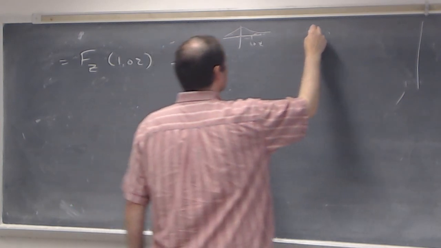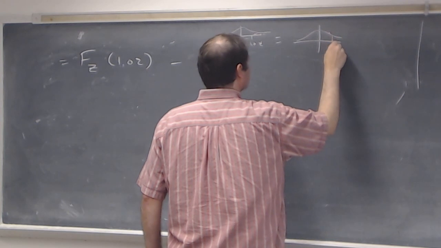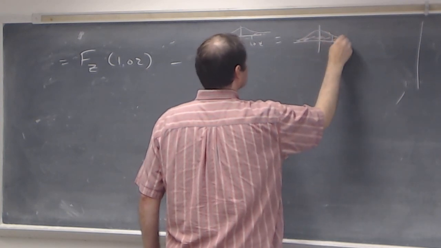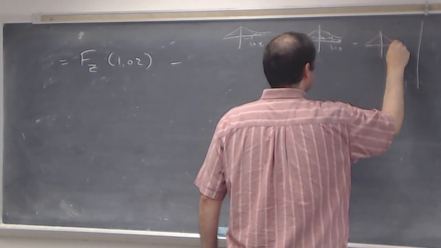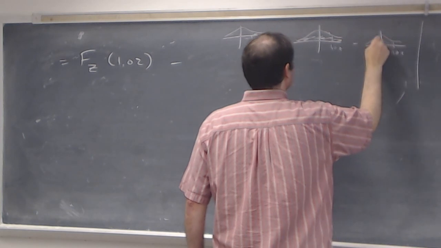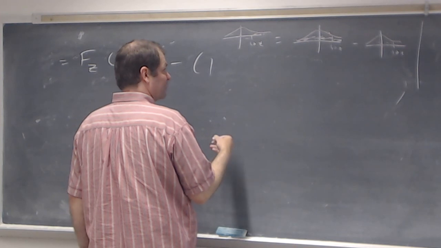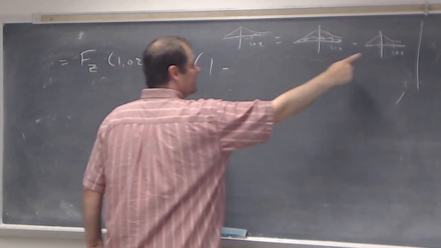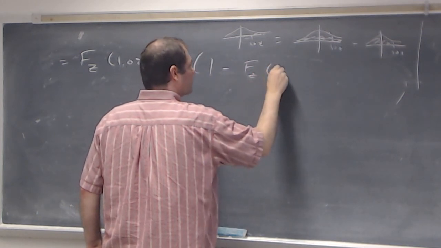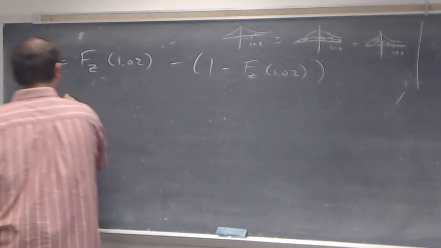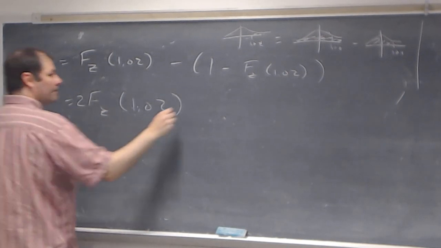Really, that can be thought of as the whole area under the whole curve, minus the area to the right of 1.02. And the area of this whole curve is 1, because that's what the PDF gives us if you integrate. Minus this area here is nothing more than the CDF of the standard normal evaluated at 1.02. And so what we end up getting is phi sub Z of 1.02, well, twice, minus 1.